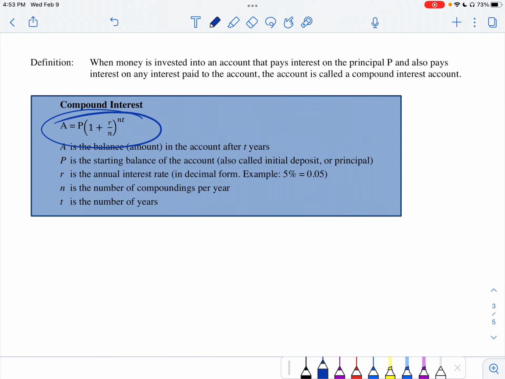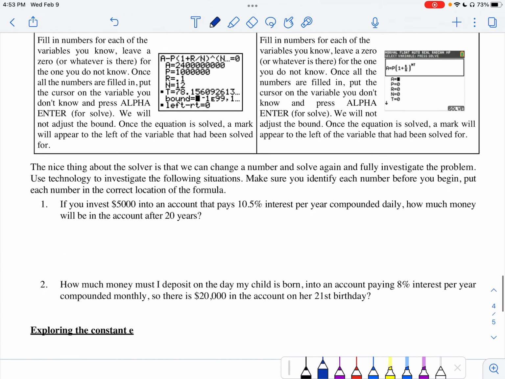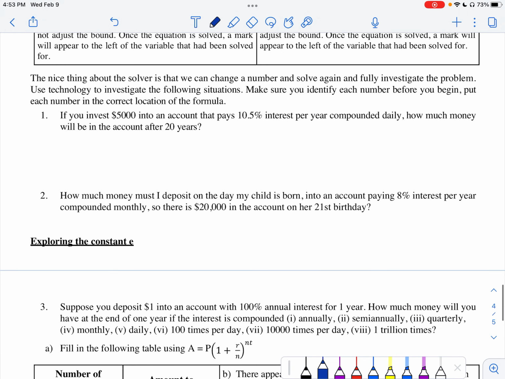Okay, so we need to start by finding the different pieces that are given to us in the problem. It says you're investing $5,000, so that is going to be our principal. It's your starting value. You have an account that pays 10.5% interest per year, compounded daily.